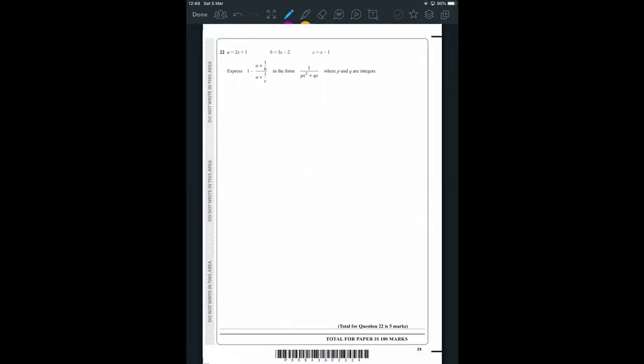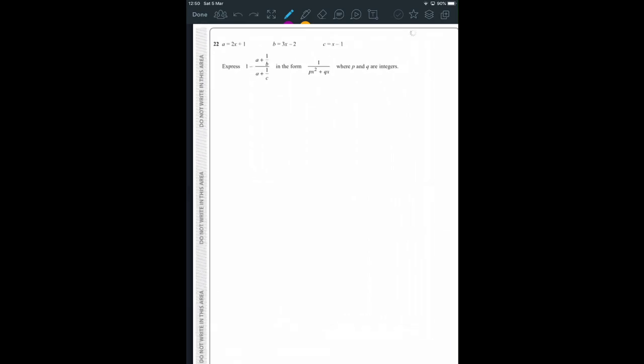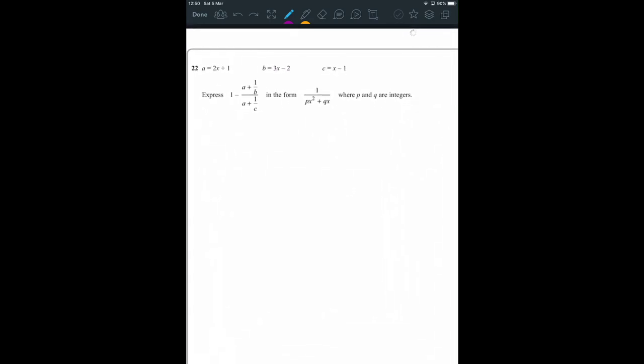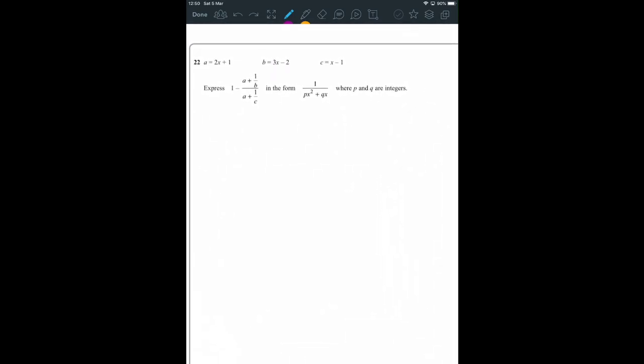Question 22. A horrendous looking substitution, just algebraic horrendousness. And we also notice this is the last question on the paper. We've got our total marks at the end. So this one we are expecting to fight with. Now we've got a choice.